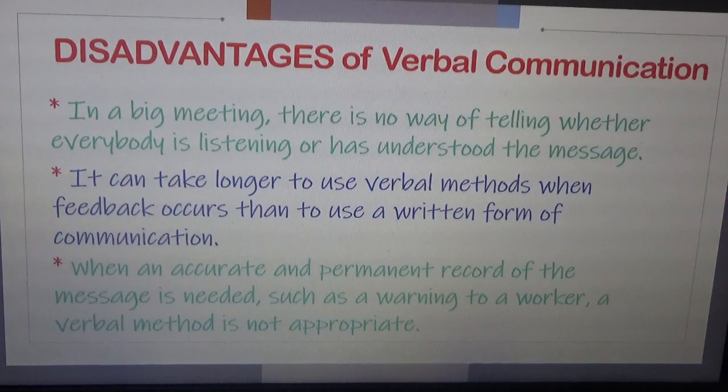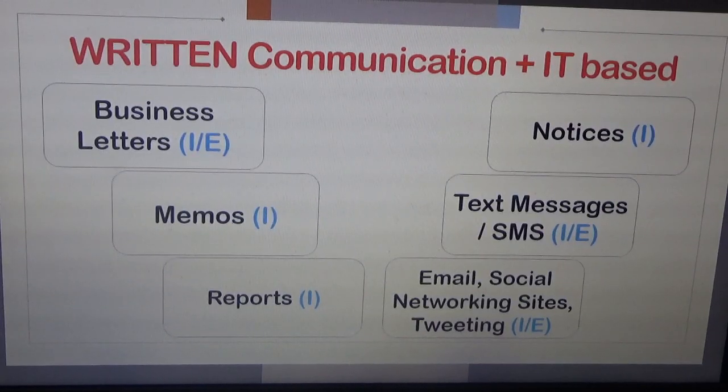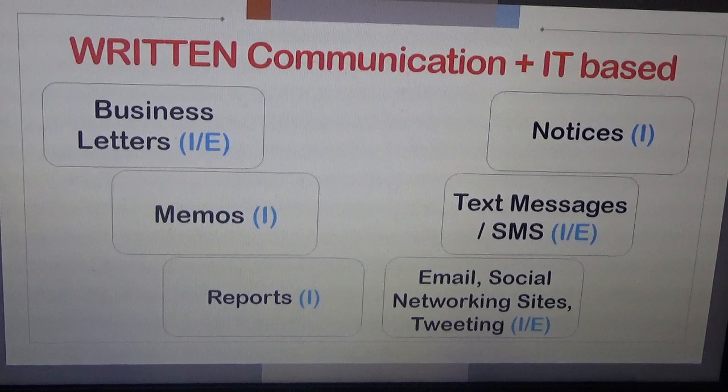And lastly, when an accurate and permanent record of the message is needed, like a warning to a worker, a verbal method is inappropriate. Okay? Now, about the written communication, including those based on information technology, written methods of communication include the following.